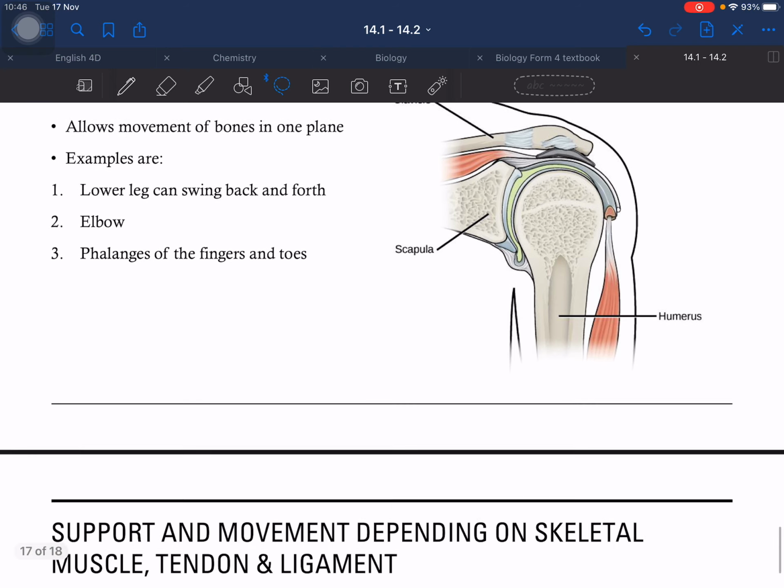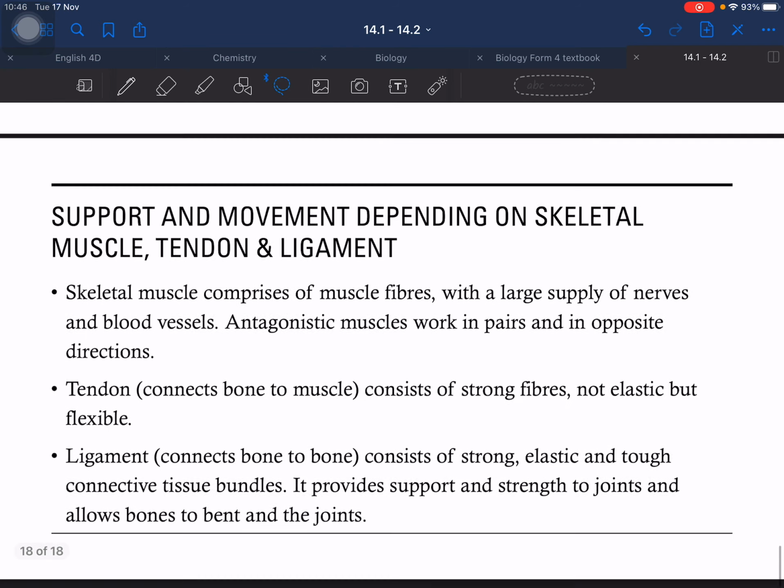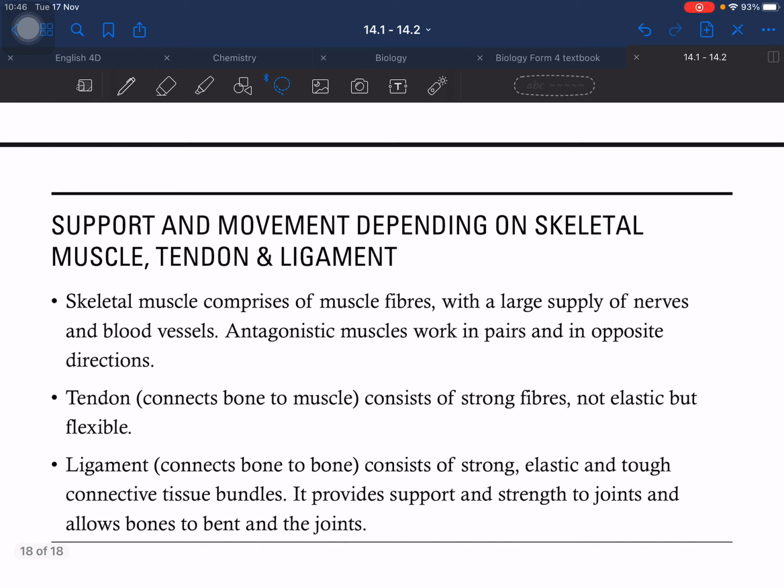Right, so hinge joint. And lastly, we have come to the conclusion of 14.2, and that would be support and movement also depends on skeletal muscles, tendons, and ligaments. So skeletal muscle comprises muscle fibers with a large supply of nerves and blood vessels.